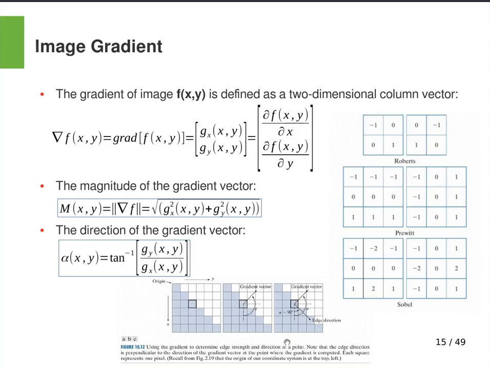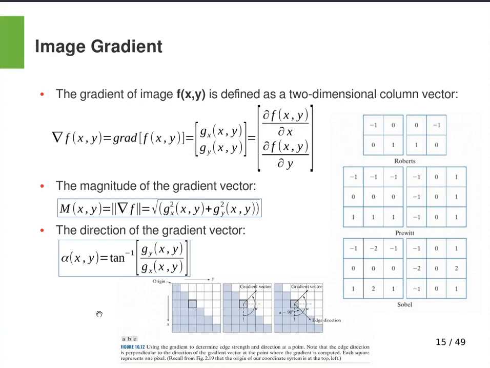So let's take a look at one example here. Here, as you can see, we have this image in which we have a transition between intensity values going from dark intensity to bright intensity, and as you can see, the edge is along the diagonal axis.